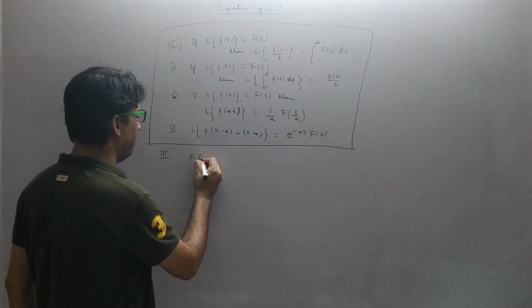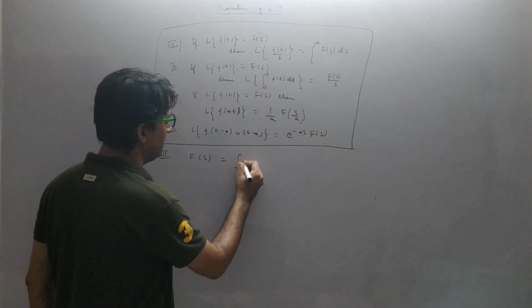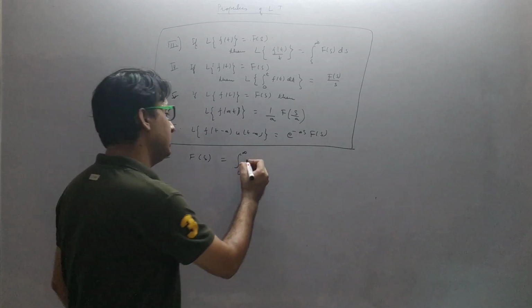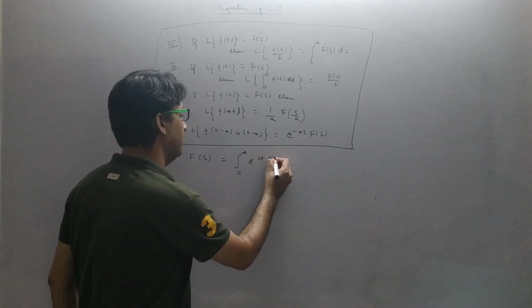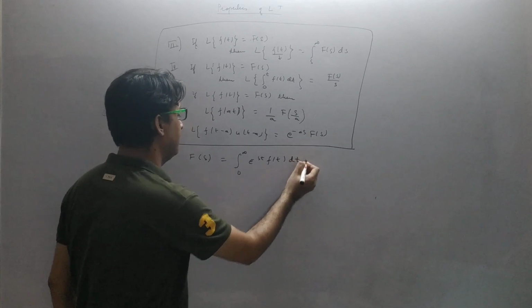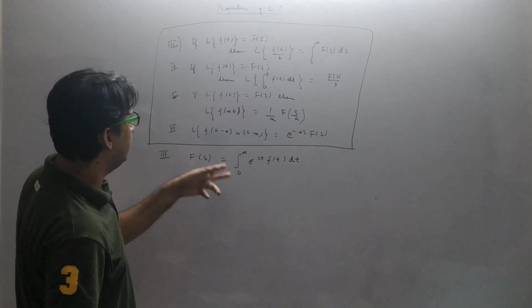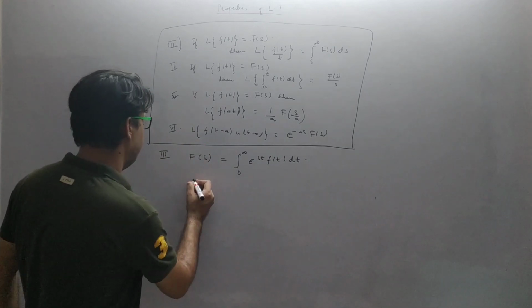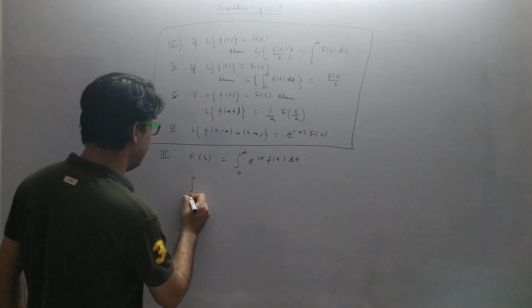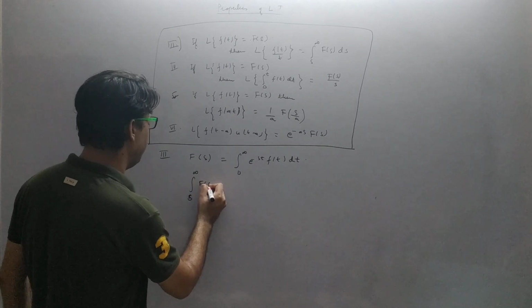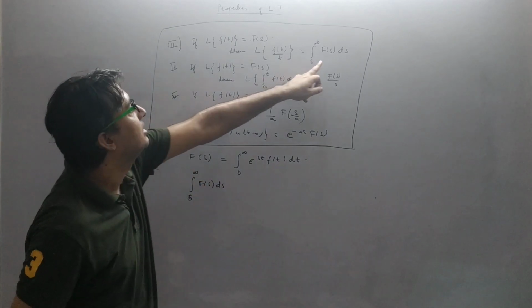If we take f of s, that is 0 to infinity, e to the power minus st ft dt. Now we have to take the integral. So if we integrate it from s to infinity f of s ds, because we are working from the right hand side.